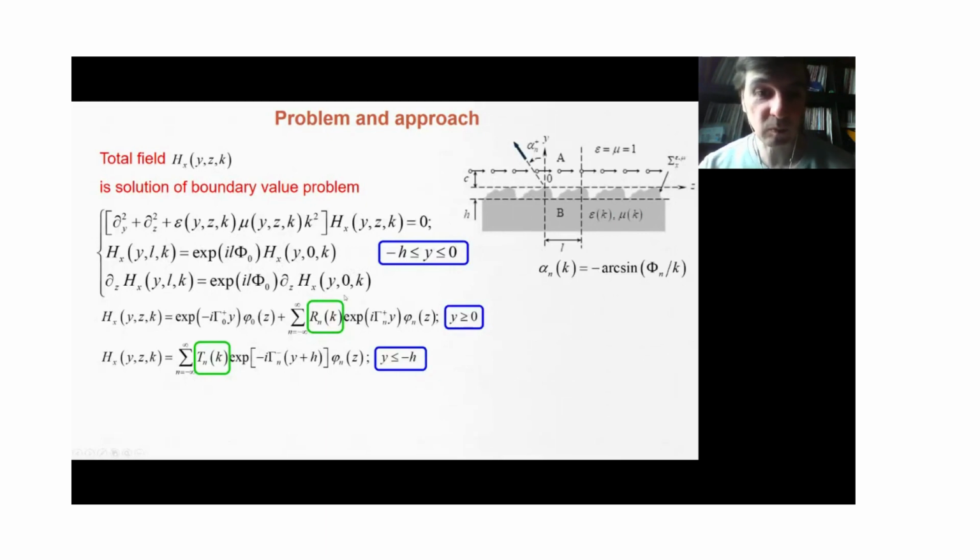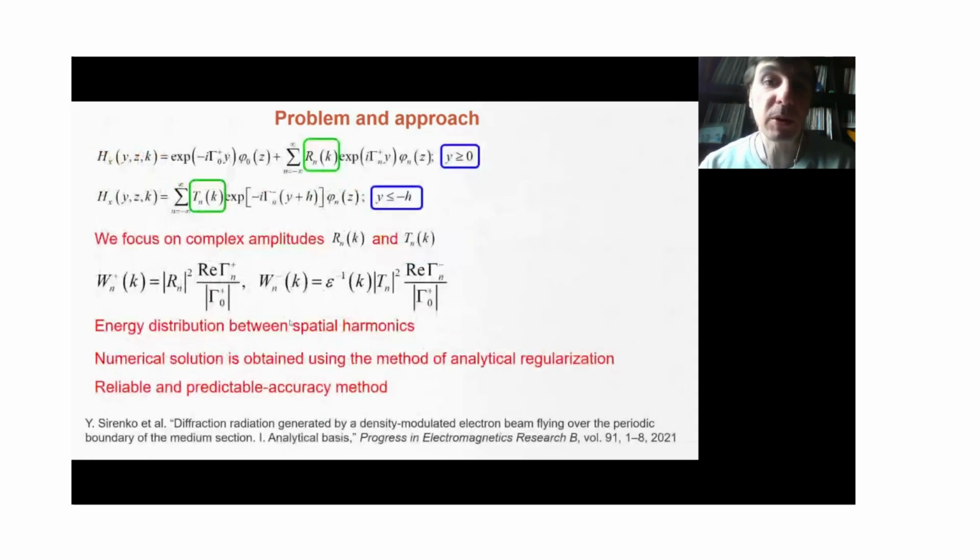And as we write the field expanded in terms of space harmonics, we solve for these complex amplitudes R and T. And to do so, we employ the semi-analytical approach called method of analytical regularization.